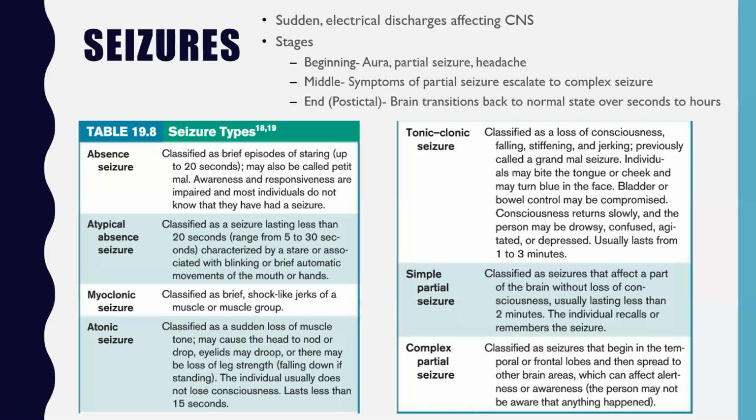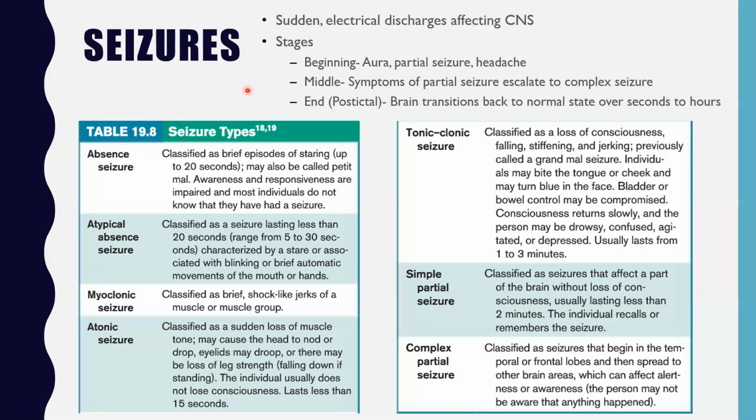A seizure is defined simply as sudden electrical discharges of the brain. There are both generalized and partial seizures, where generalized seizures are associated with bilateral electrical discharges from the brain, whereas partial seizures only have those electrical discharges in one specific area of the brain.